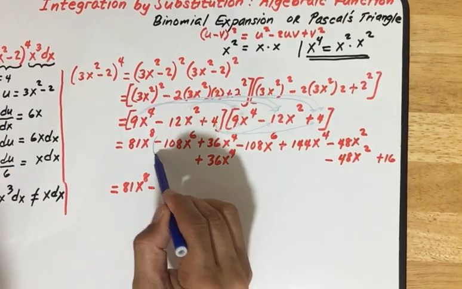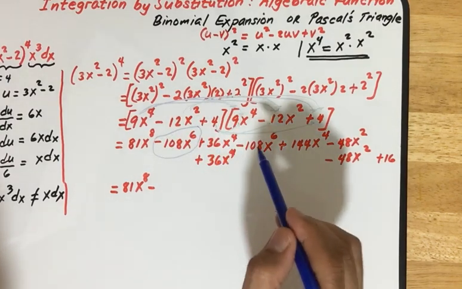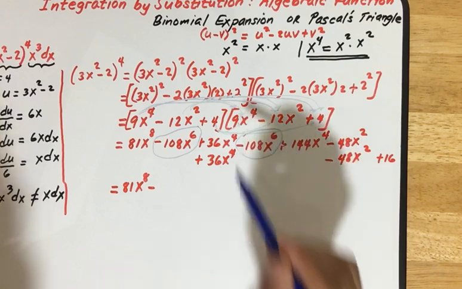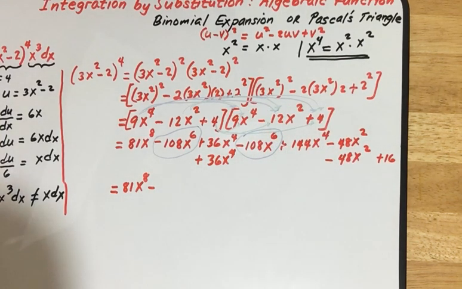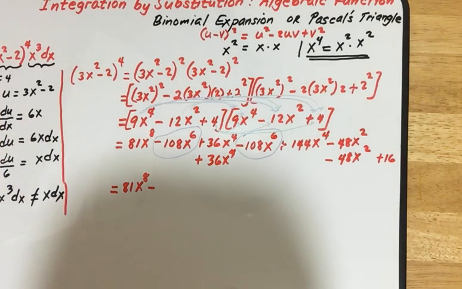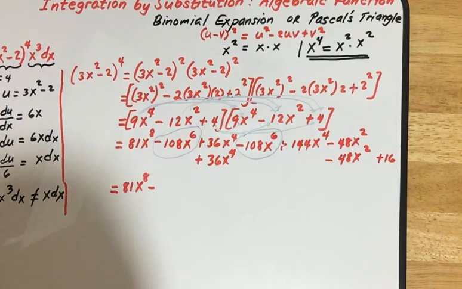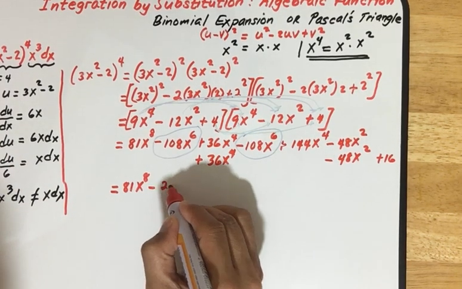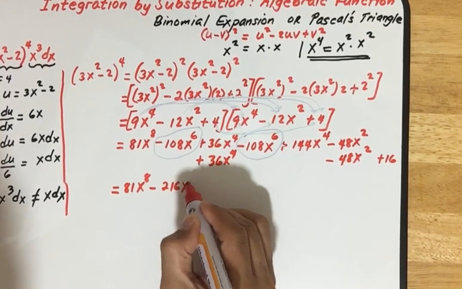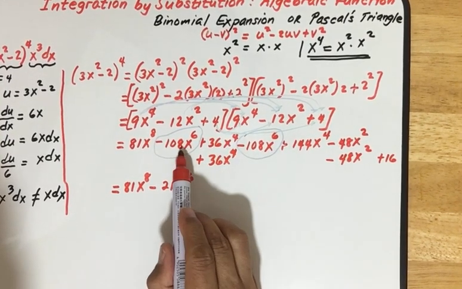We have negative 108 x to the power 6 and negative 108 x to the power 6. So meaning twice of that. So 108 plus 108, but negative. So that is 216 x to the 6. So we already combined these two.